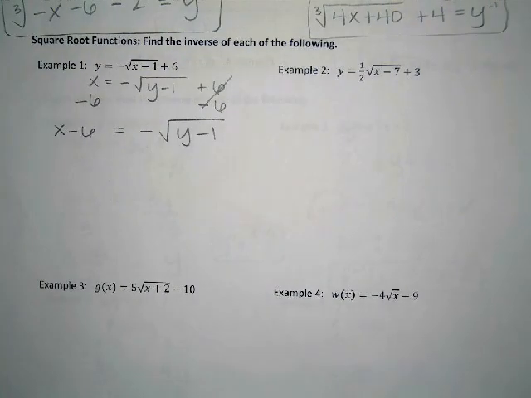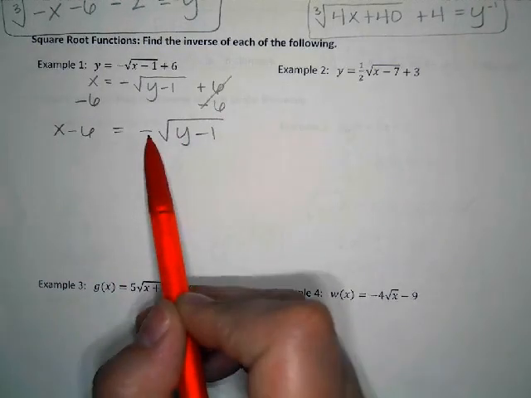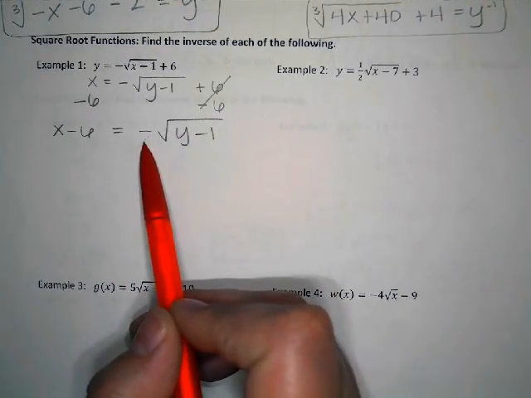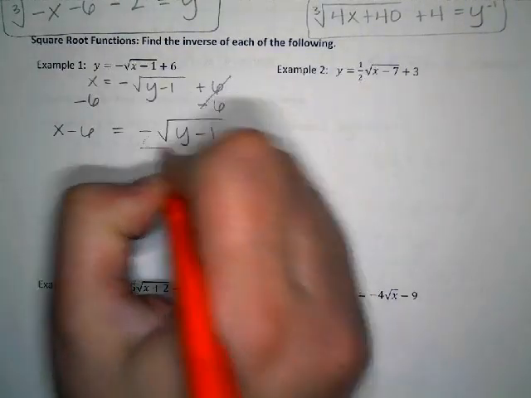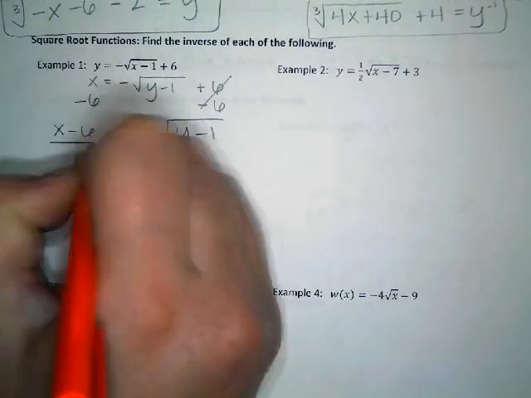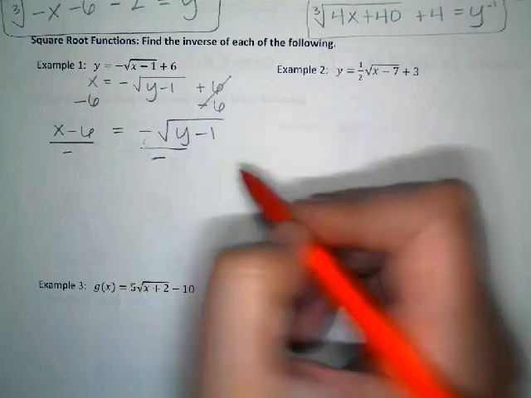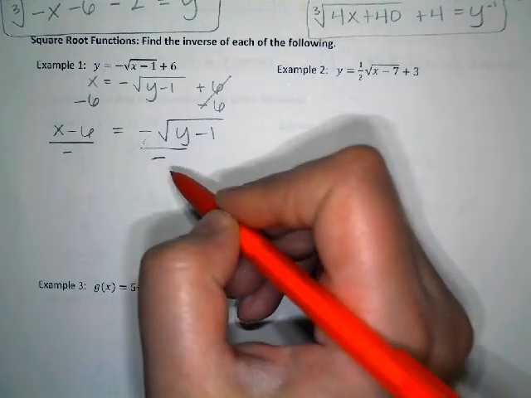And then what could I move to the other side? Yeah, I'm going to divide by the negative. I can get that to the other side by dividing by the negative. And you can divide by a negative, or you could divide by a negative 1. Both of those would accomplish the same thing.